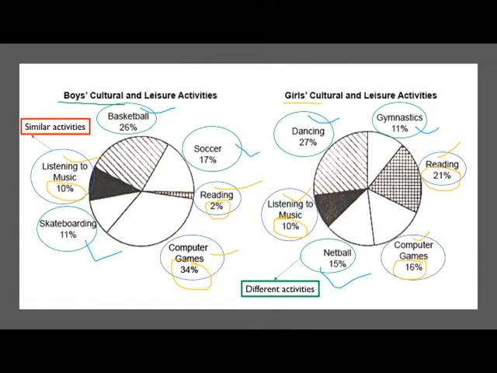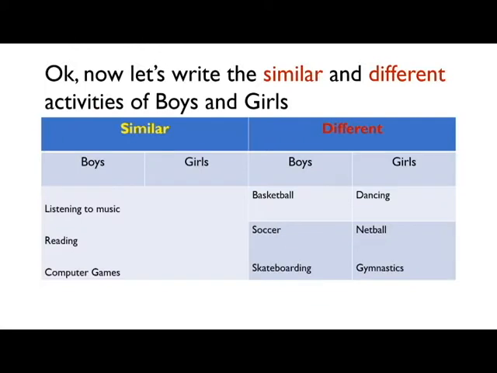Now let's write the similar and different activities of boys and girls. I've made a table where I've listed two parameters. First, the similarities of boys and girls, and then the differences, like we did in the past. Boys and girls both like listening to music, reading, and playing computer games.